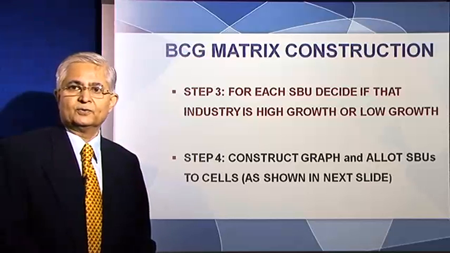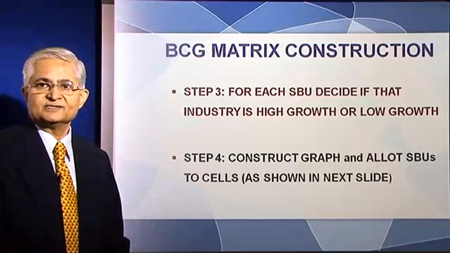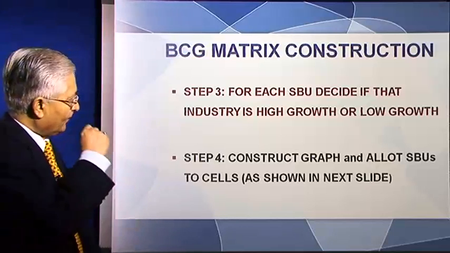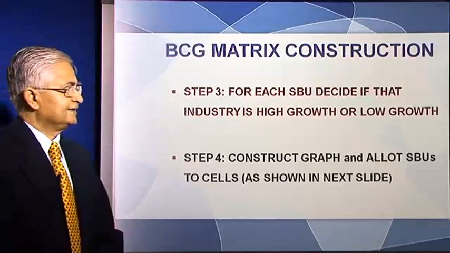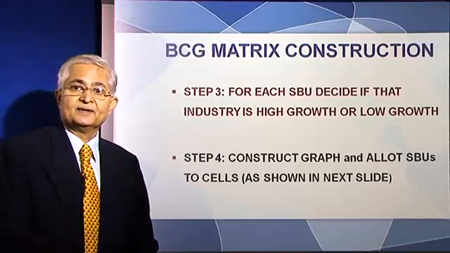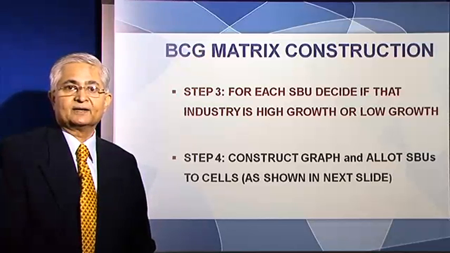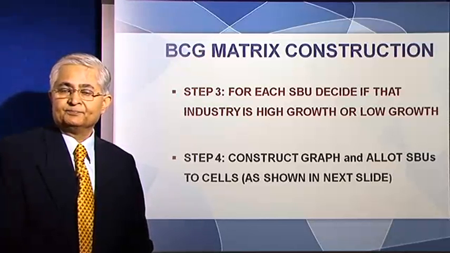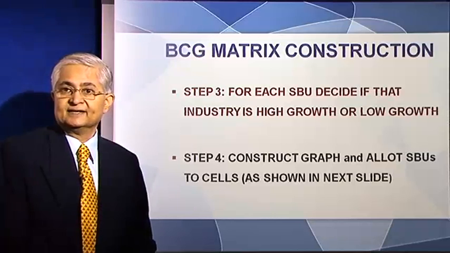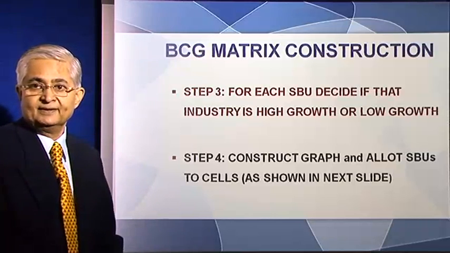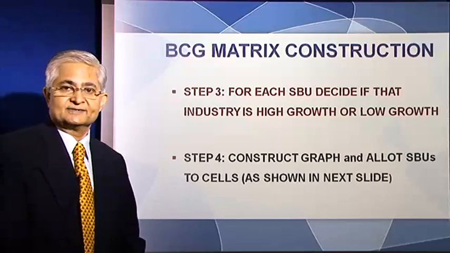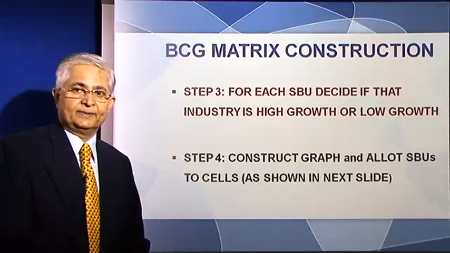So tobacco is a market which is declining. On the other hand, if you look at paper, it's a market which is growing rapidly. If you look at hotels, it's a market that's growing rapidly. If you look at consumer products, that's another market that's growing rapidly.